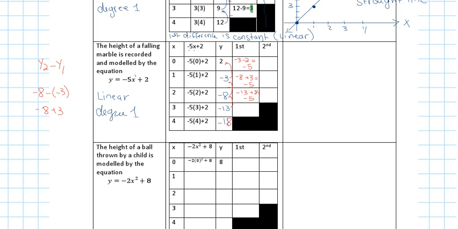Negative 18 plus 13 is negative 5. So what do you notice here with the first difference? What's your first difference for all of them? It's constant. They're all negative 5, right? So if you look at this, negative 5, negative 5, negative 5, negative 5.